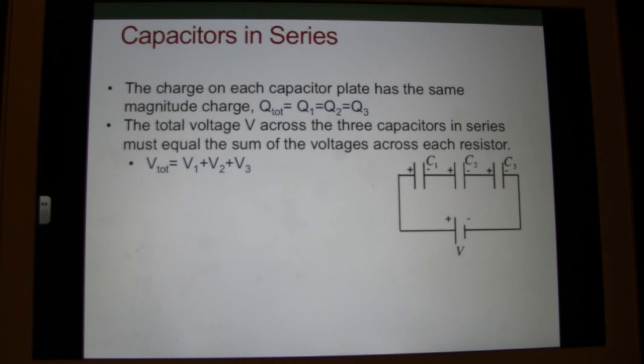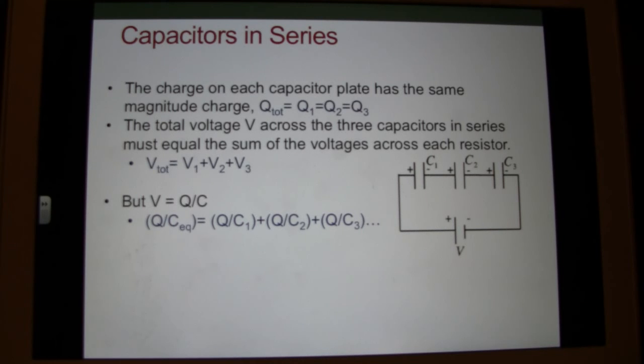But the capacitor equation can be rearranged to solve for voltage, where V equals Q over C. Plugging in Q over C for V, we have the equation Q over C equivalent equals Q over C1 plus Q over C2 plus Q over C3.